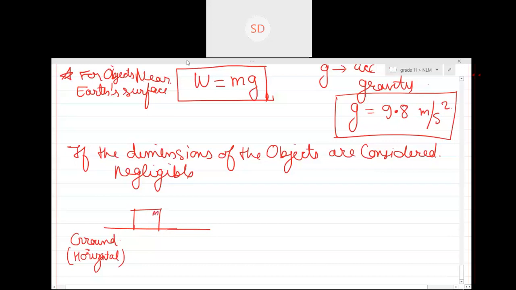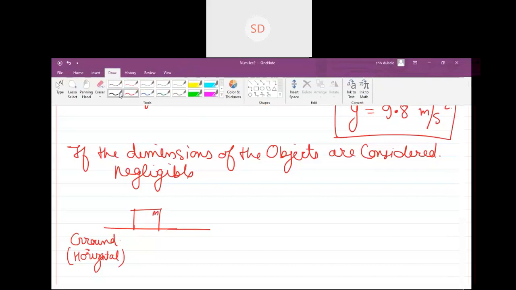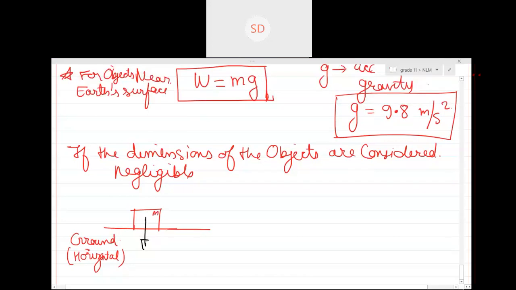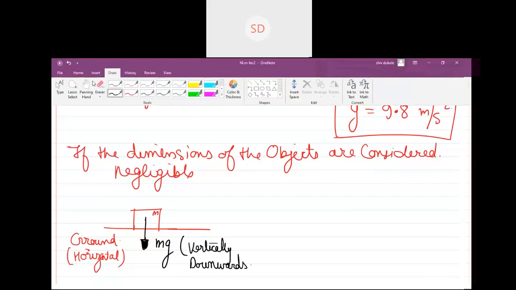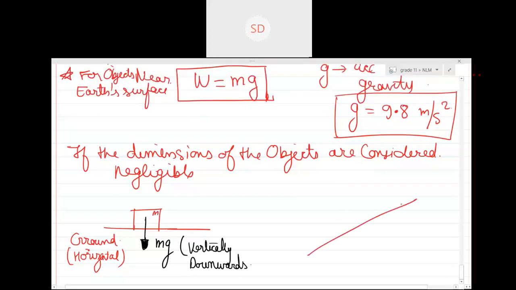Yes or no? We already discussed about this force. If you remember, the gravity was acting downwards, no? g was acting downwards, mass multiplied by gravity. So here it is acting vertically downwards. Is this clear?